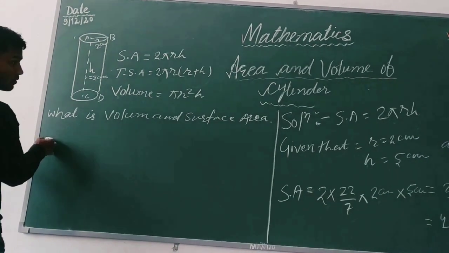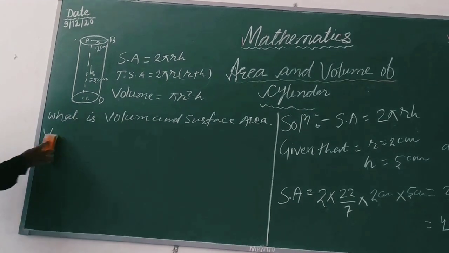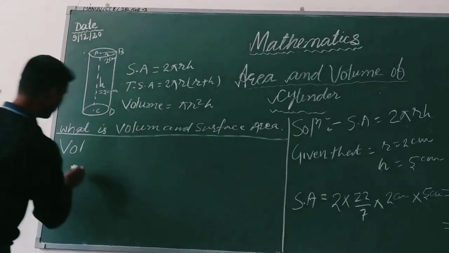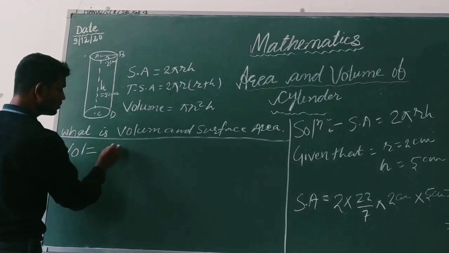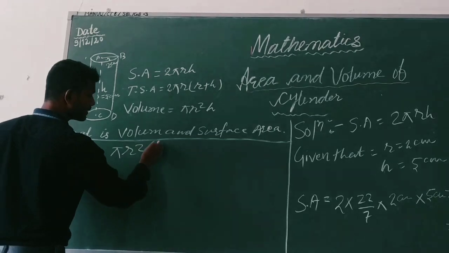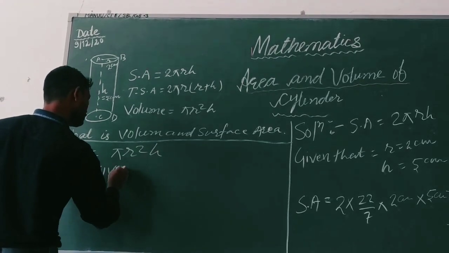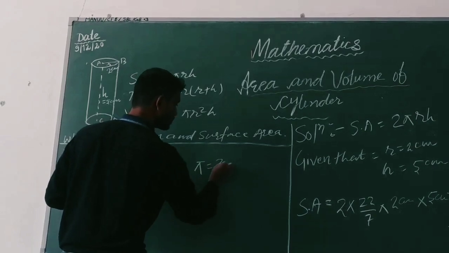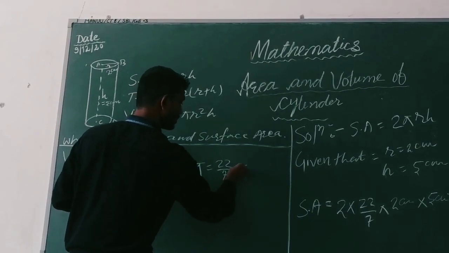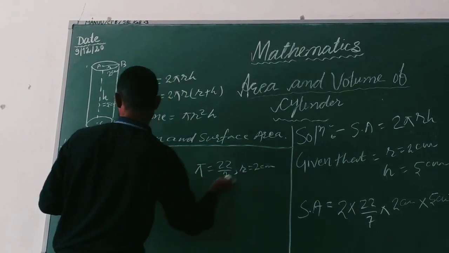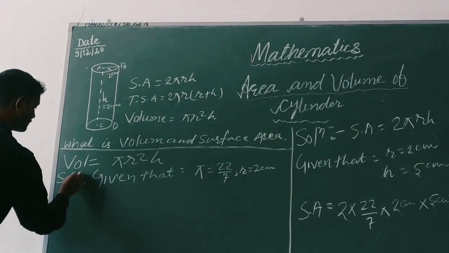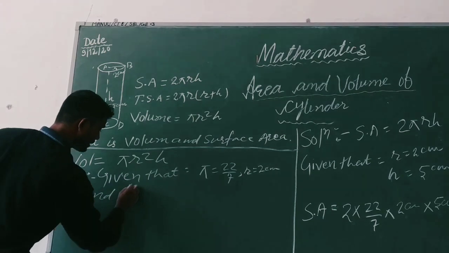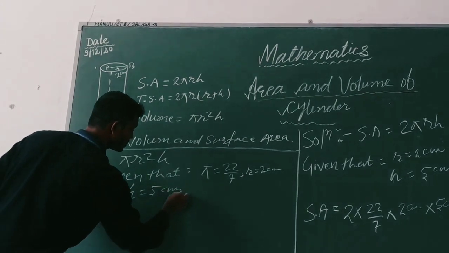Now we are going to find the volume. Volume equals pi r square h. Given that pi equals 22 by 7, r equals 2 centimeter, and height h equals 5 centimeter.